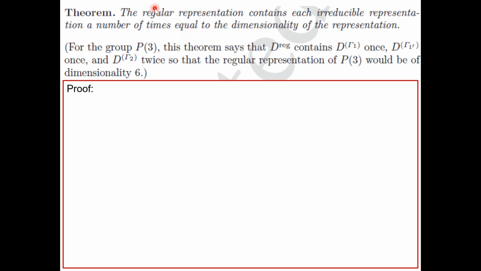If I know how to construct the regular representation, and if I put it in block form, it will contain each representation of the group a certain number of times.